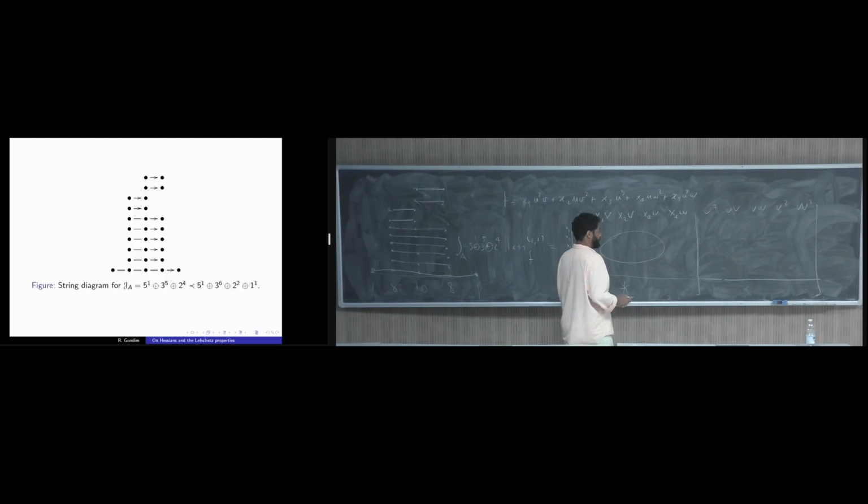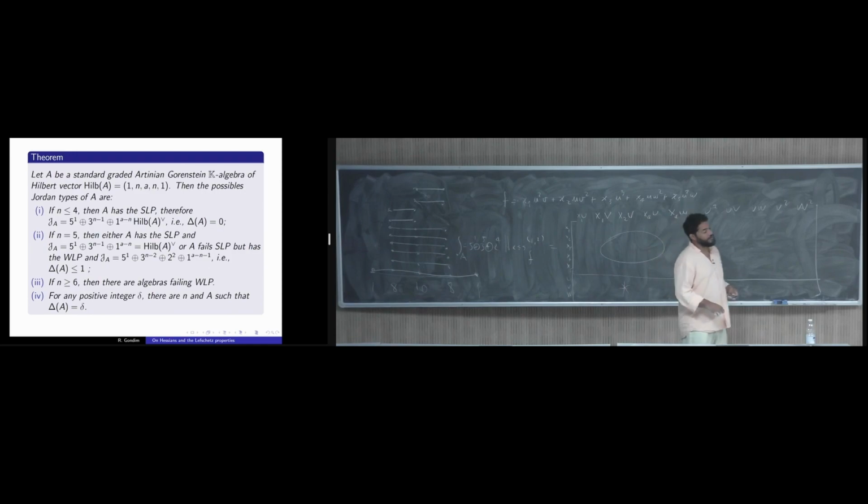This is the picture of the string diagram, and we have the same kind of result. By Gordon-Noether theorem, if n is less than or equal 4, then A has the SLP.